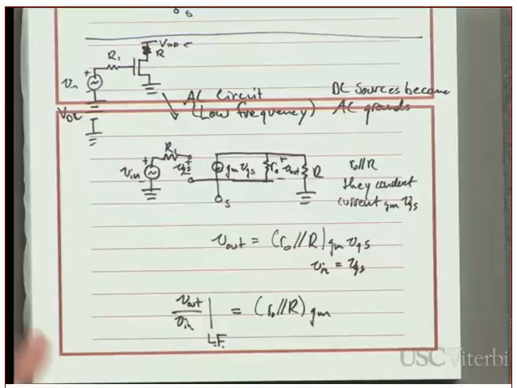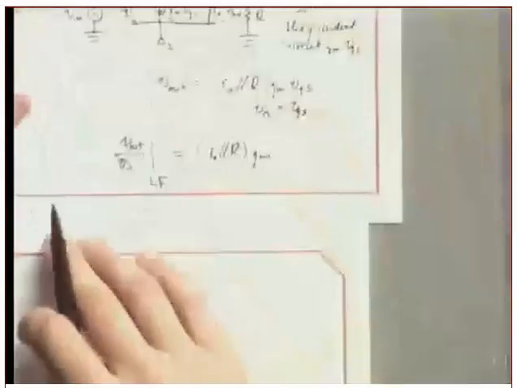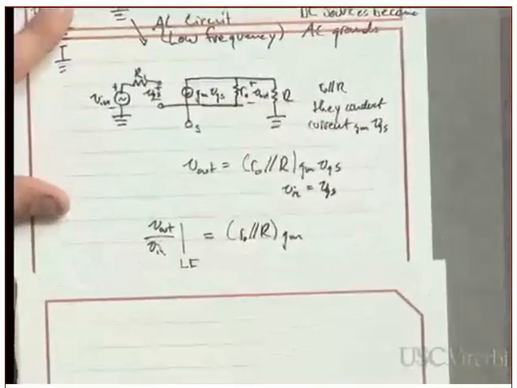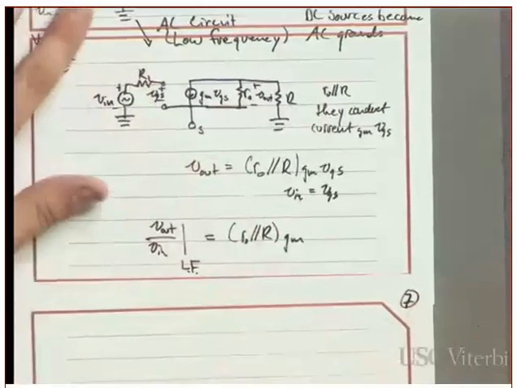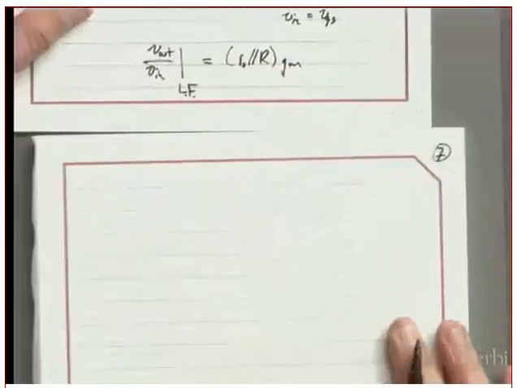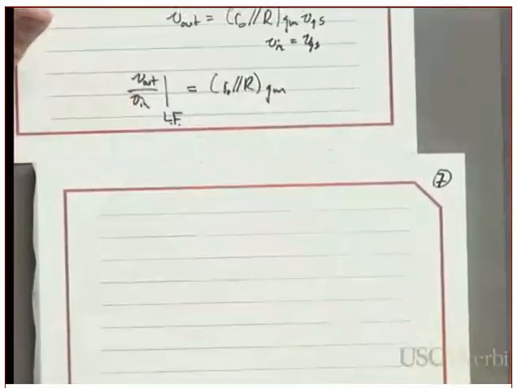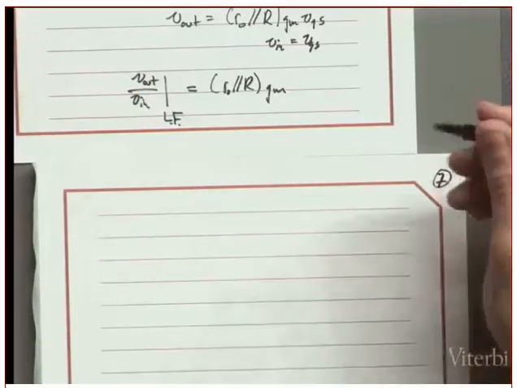All right. So now what happens when we start looking at higher frequency models? We start getting more components in the small signal model. And those come basically from the geometry of the model, which isn't taken into account as part of the DC equations which we have from before.